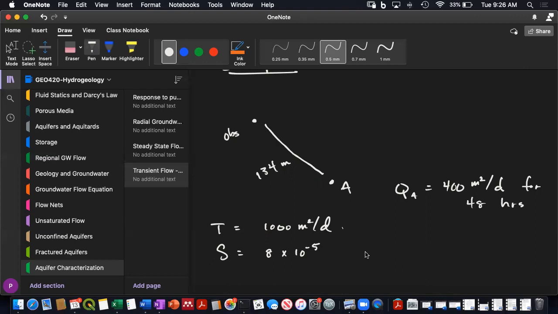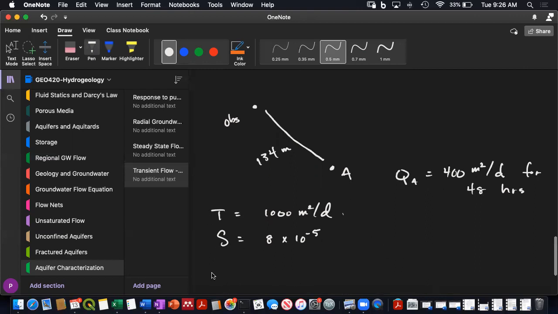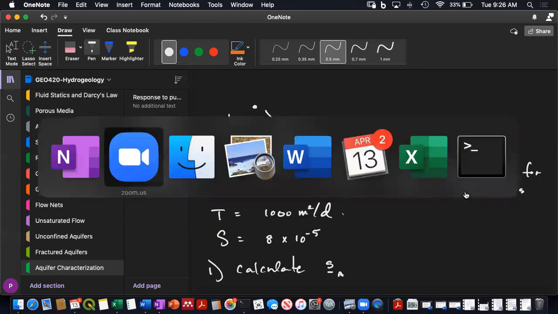All right, so calculate S, the drawdown at the observation well from pumping at point A after 48 hours. And to do that, you're going to need some values of WU.